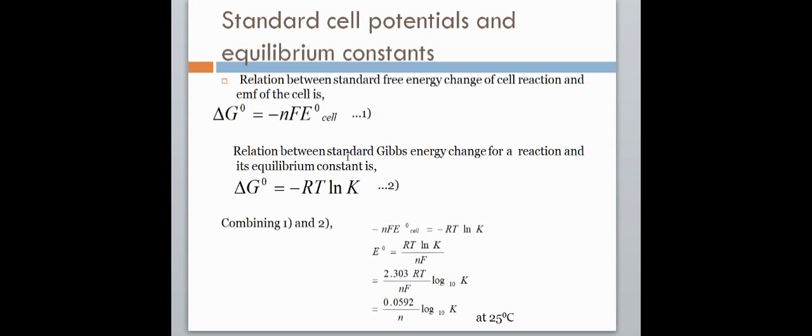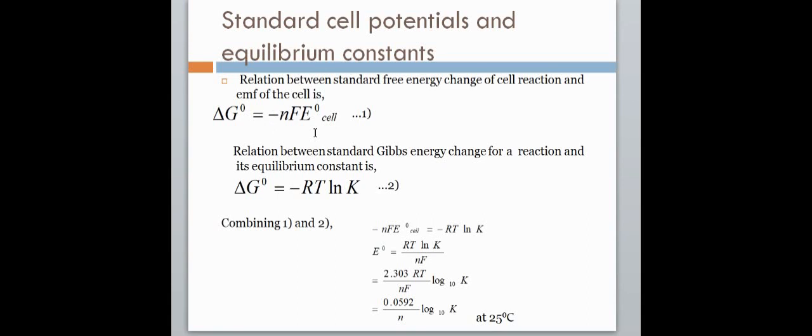Now let's come to the relationship between standard cell potential and equilibrium constant. Just few seconds ago, we saw the relationship between Gibbs free energy change and cell potential. Now let's take a look at how I can relate standard cell potential, that is E0 cell, with equilibrium constant, like letter K. We know that delta G0 is equal to minus nFE0 cell.